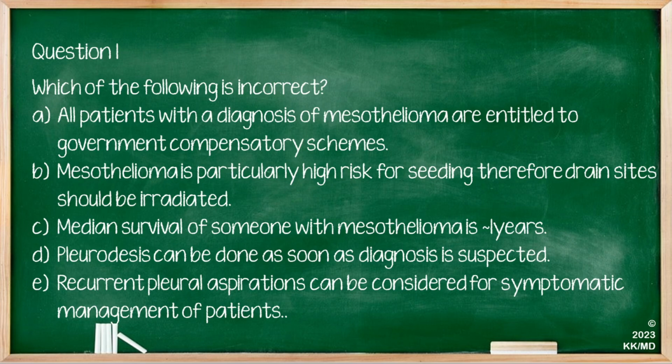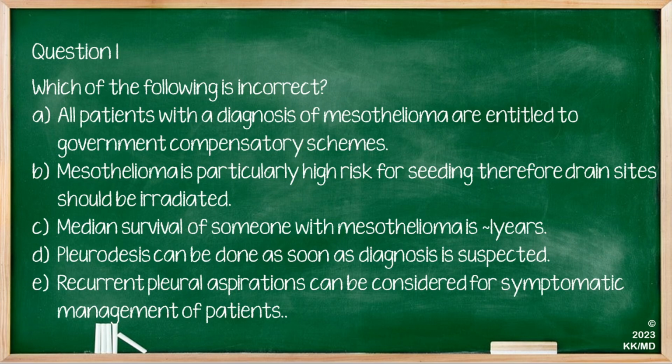Given the fact that this is a really dangerous disease, it's also really important to be thinking about management of patients when you're putting chest drains in them. And mesothelioma is particularly notorious for seeding. So if you decide to have a chest drain in a patient, it would be important to make sure that the drain site is irradiated to avoid the cells seeding.